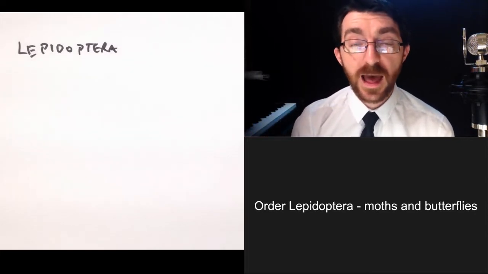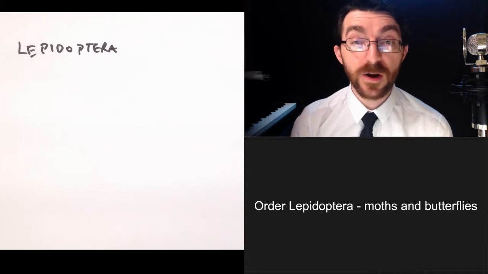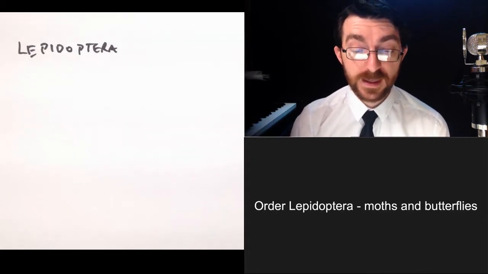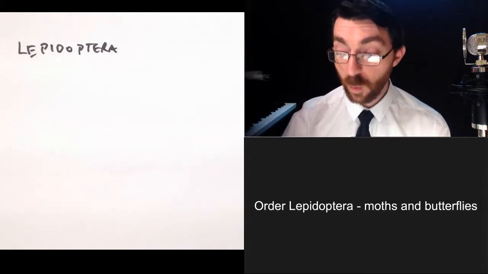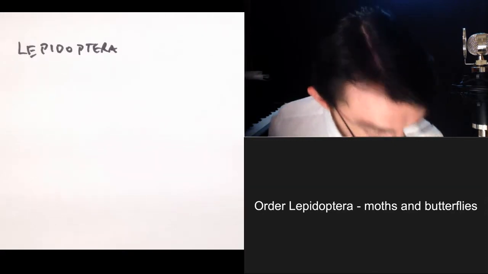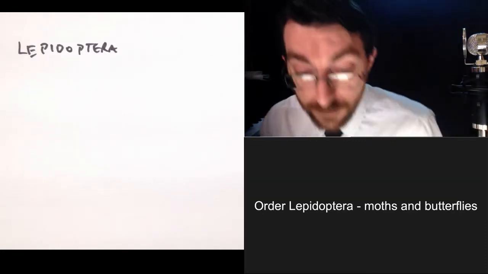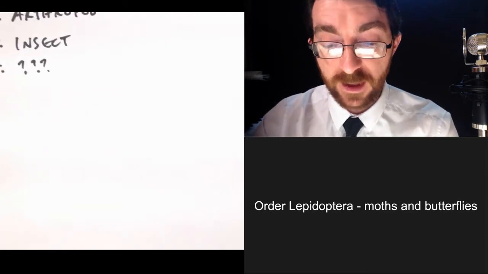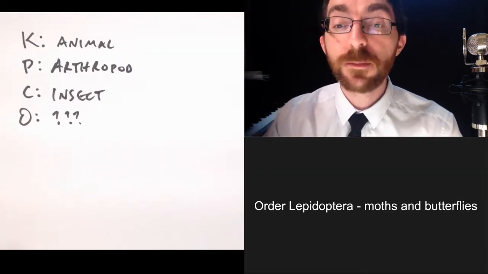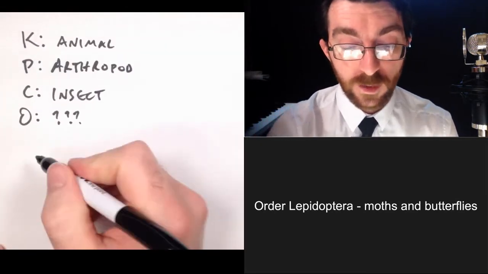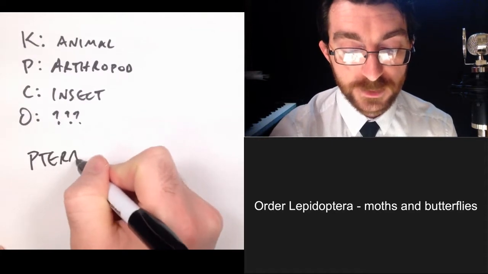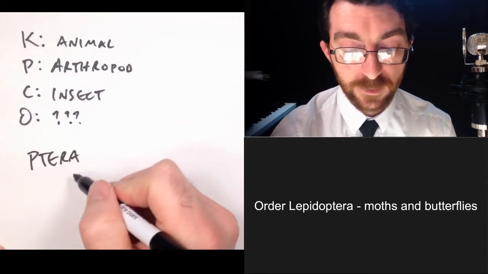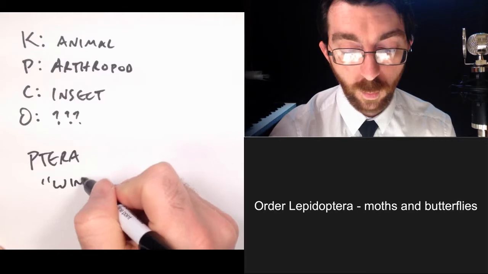Each one of these, you can actually learn a little bit about them by their name. Ptera, P-T-E-R-A, means wing. So actually, I'm going to bring back this sheet of notes to write that, because that's kind of general. So let me just back up a second. Whenever you see Ptera, that means wing.